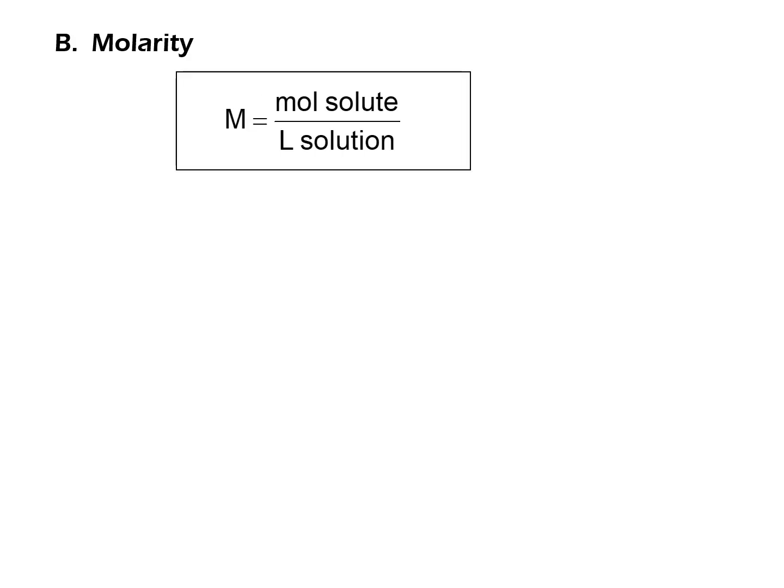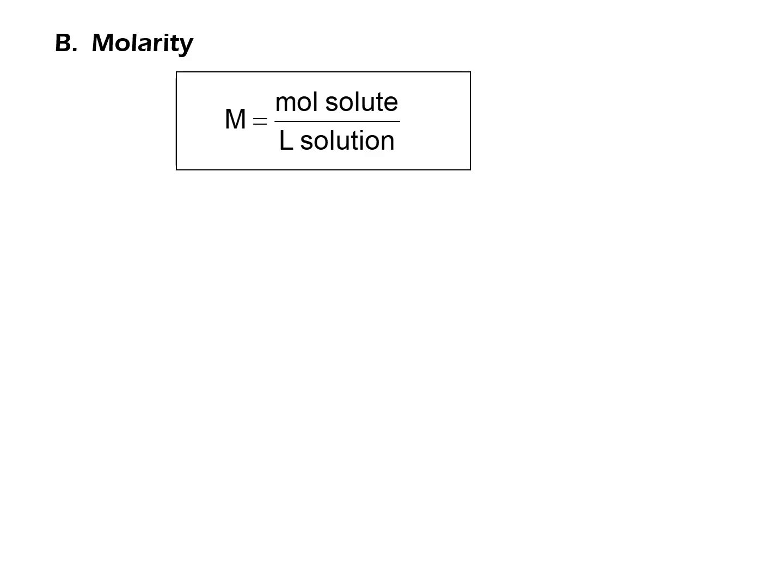The unit that we use the most often in chemistry to talk about the concentration of a solution is called the molarity of the solution, okay? Molarity is abbreviated capital M. It is really important that you use capital M to abbreviate for molarity. And molarity is moles of solute divided by liters of solution.